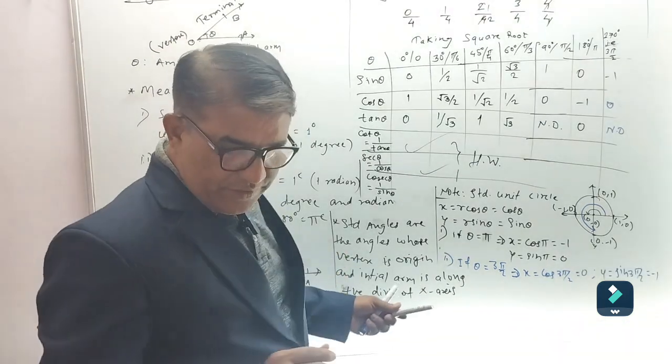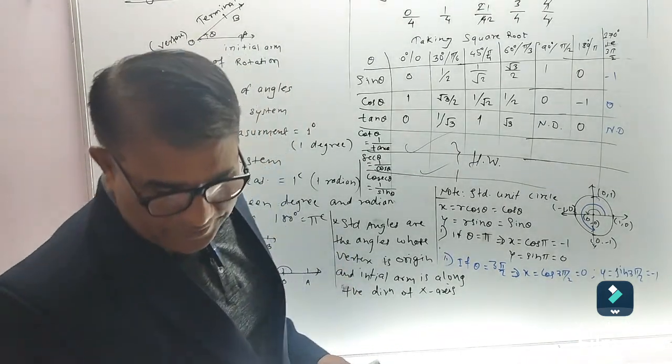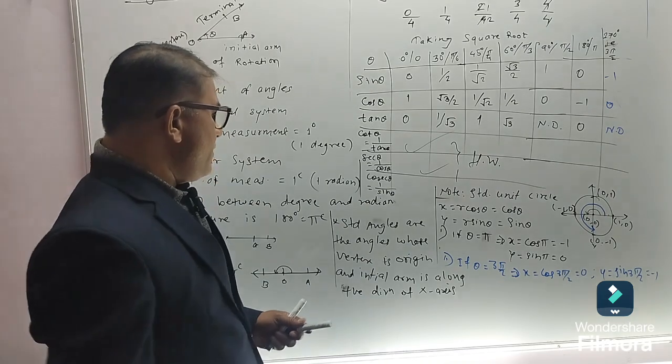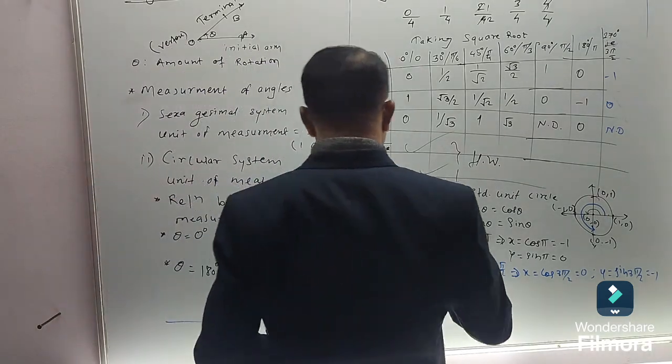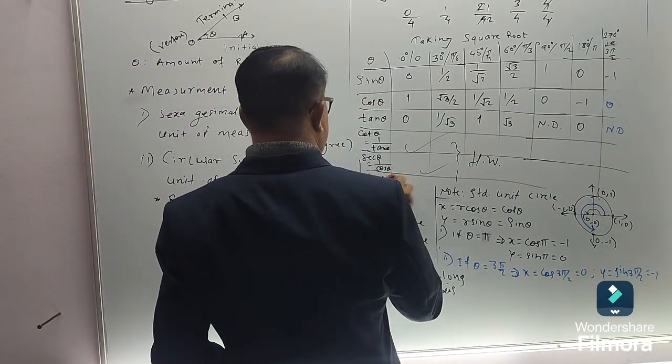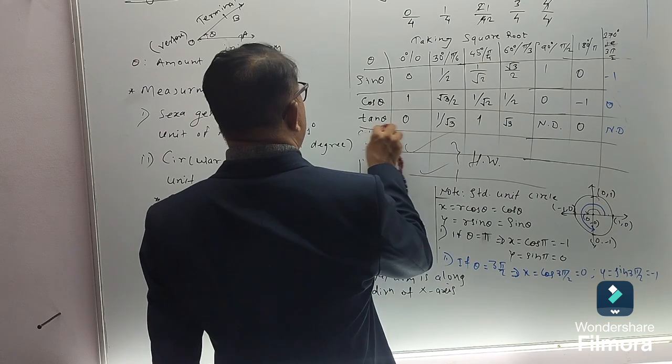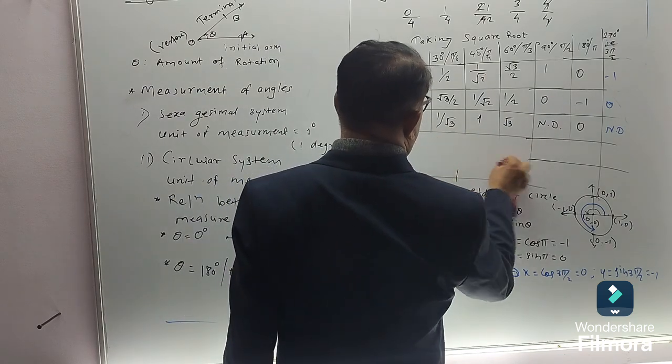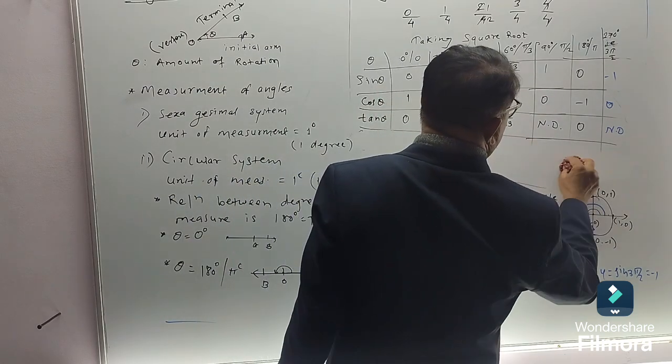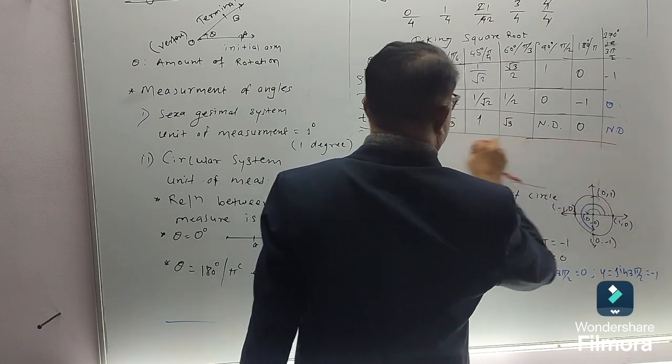Now I am going to rub this out because I need some space. This part I am removing, which I gave you for homework. I am writing some results here only.